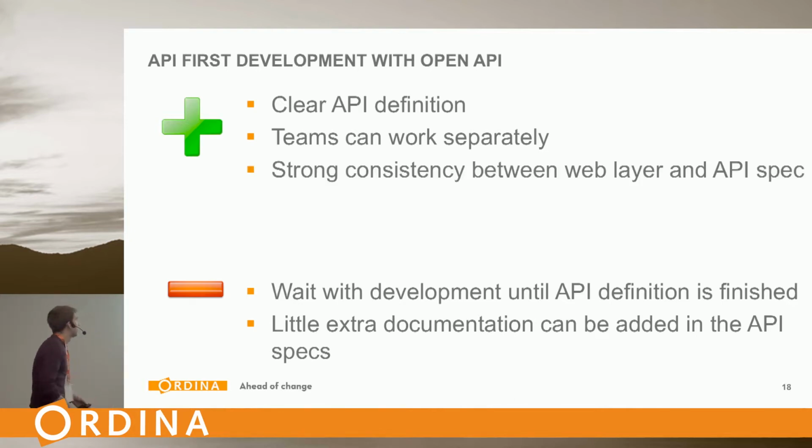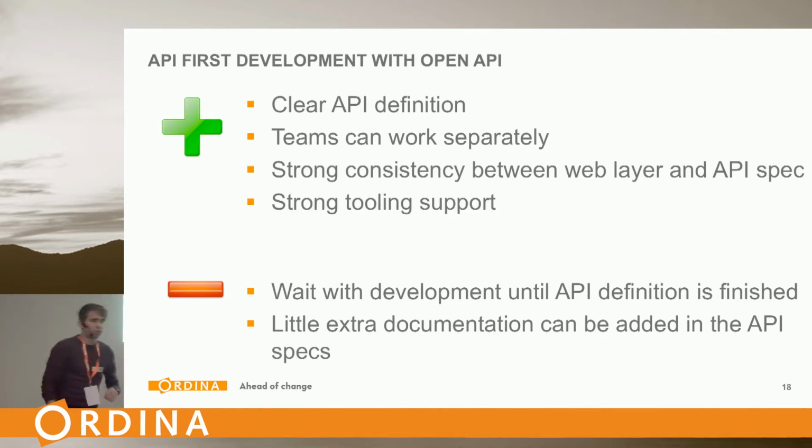Since I generate that code, there's a strong consistency between the web layer, the DTOs, the code that was generated, and the specification file. And there is strong tooling support, by which I mean, I just showed you one way to visualize the specification, but there are many open source and also paid tools that you can use to visualize your specification.